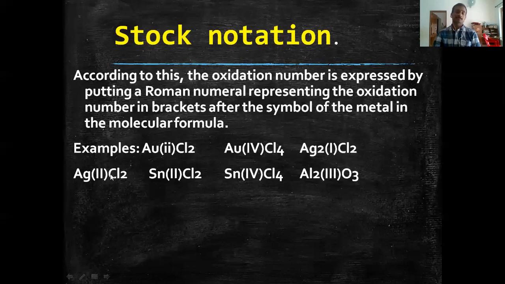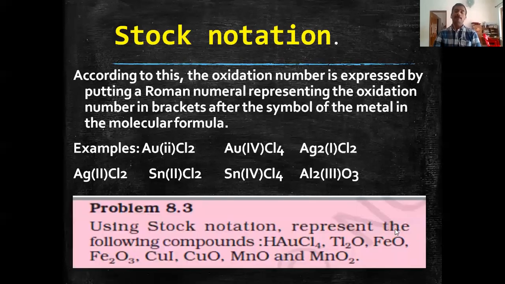Sn(II) chloride, 2 is the oxidation state of tin here. Sn(IV) chloride, 4 is the oxidation state of tin here. Al2O3: the oxidation state of aluminum in this compound is 3, therefore it is given as Al2(III)O3.